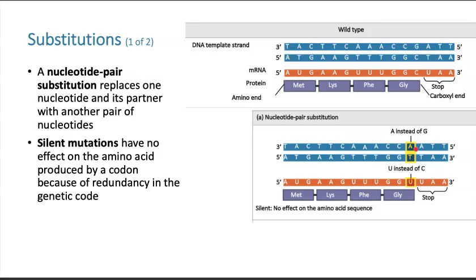A silent mutation means that you don't end up having a change in the amino acid. If you look up this codon, GGU, and the codon GGC, you get glycine each time. So that's good. You can have a mutation and not have any effect on the phenotype.